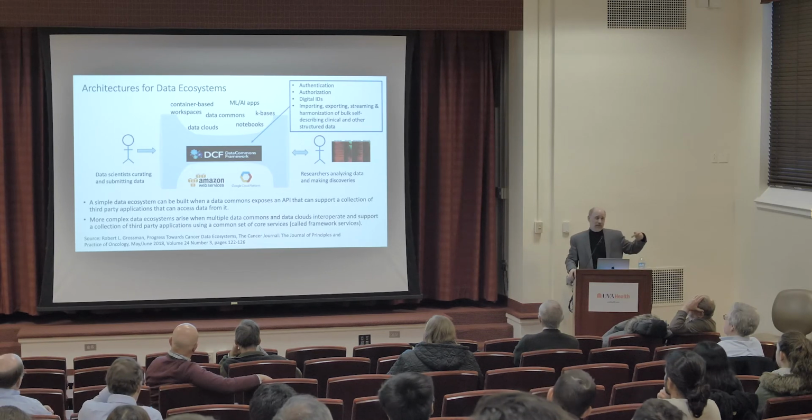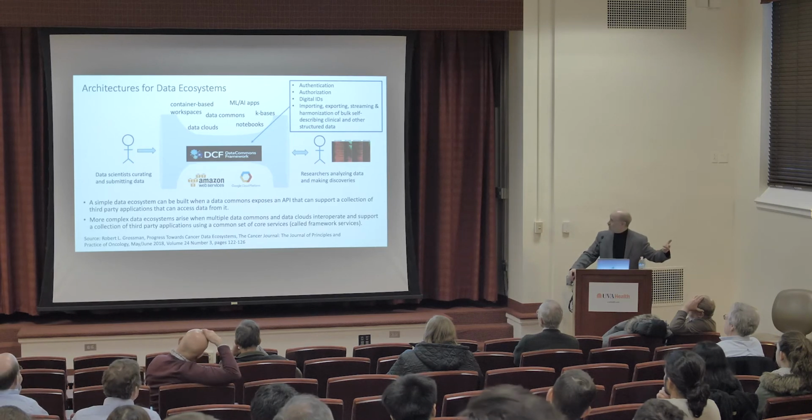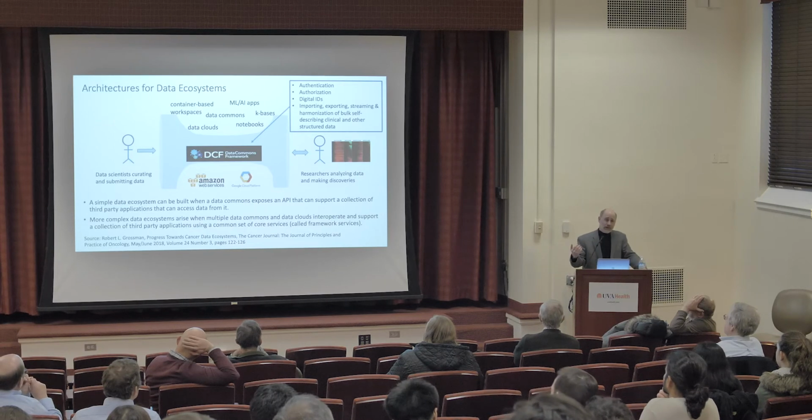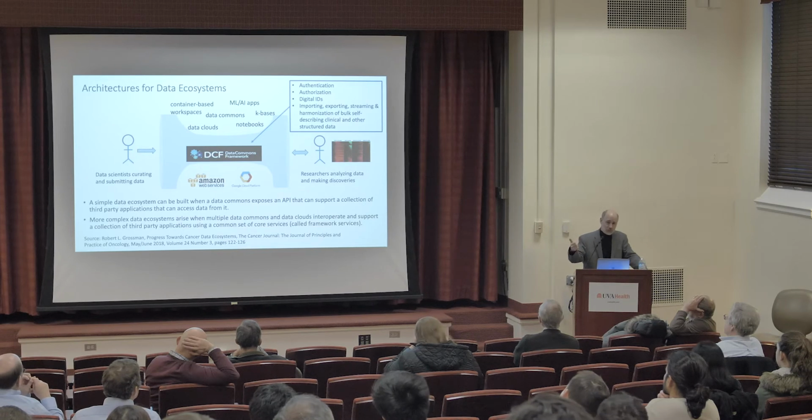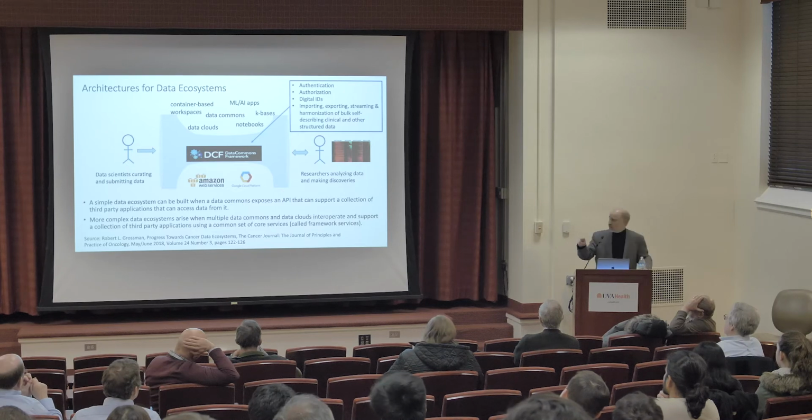It's services to authenticate you and figure out what you're allowed to use. Services for importing data objects like genome files, CRAM files, BAM files, images, movies, exporting them, assigning them metadata, and assigning them globally unique IDs.